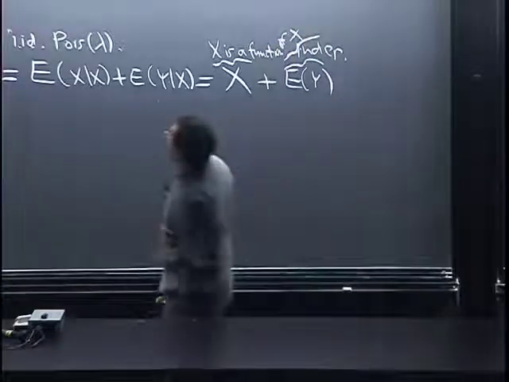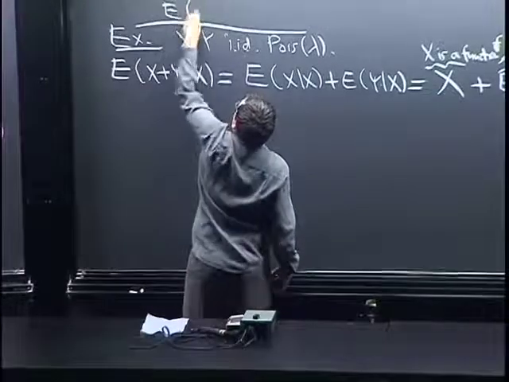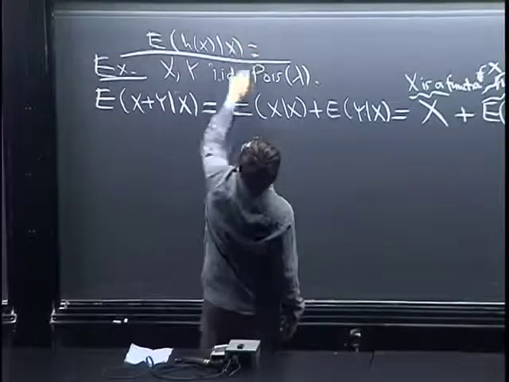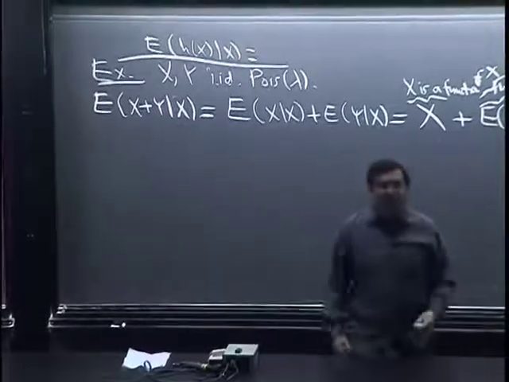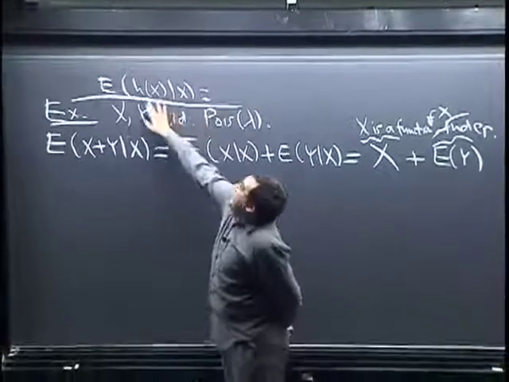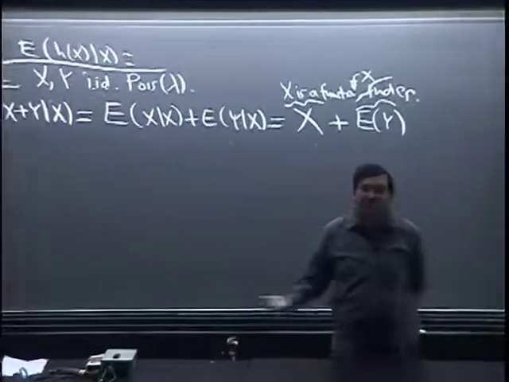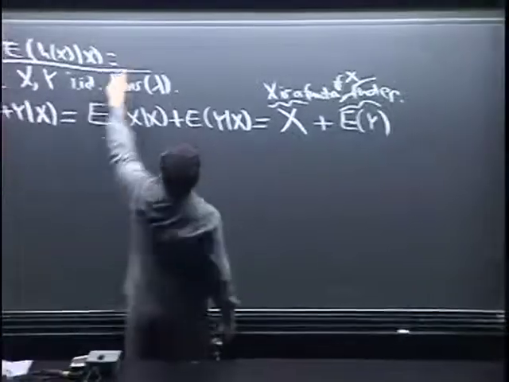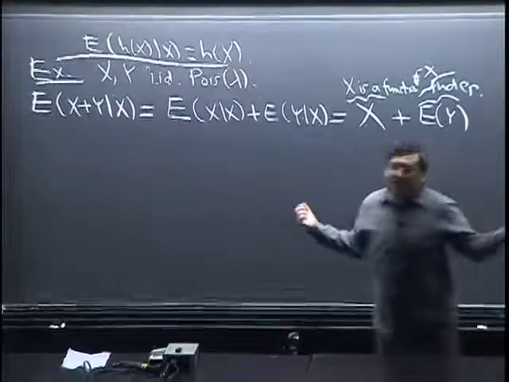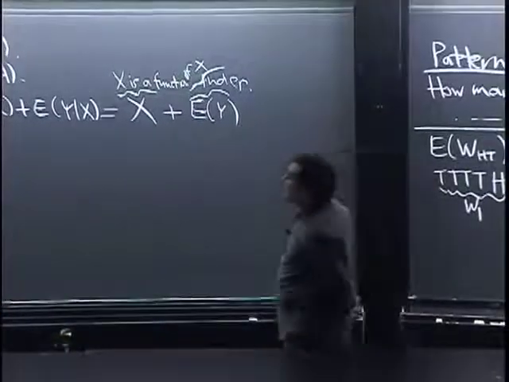In general, we'll talk more about this later, but I may as well mention it now. If we have E of h of X, this is true for any problem, not just for the Poisson. If h is any function and we get to know X, then we know h of X. We could just compute it. So E of h of X given X has to be h of X. There's no uncertainty about it.